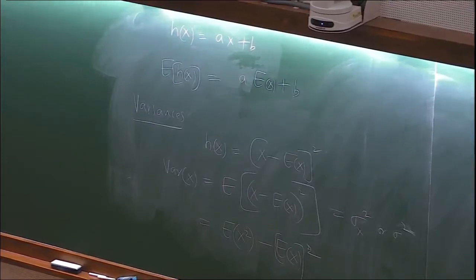I'm not going to go into examples of how to think about variance and all. I'm sure you all know that. So let me go to something called the moment generating function, which is a useful thing to learn.